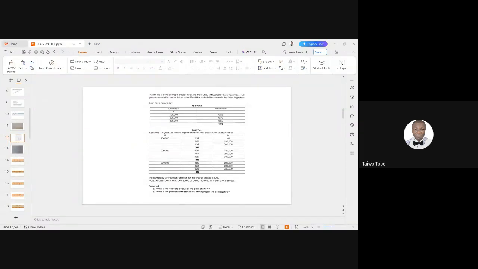Temitope, why are you having a square in year 1? Okay, you decided to do year 1 and year 2. Is your year 1 that will lead to year 2? You get, Tope? Yes, sir. Yes, your year 1 will lead to year 2.